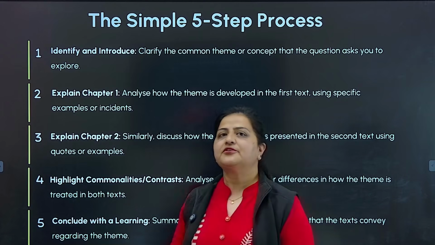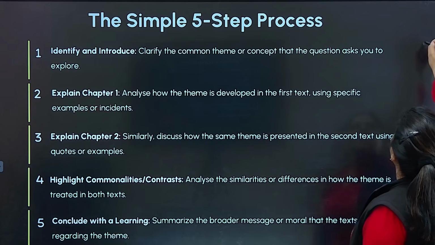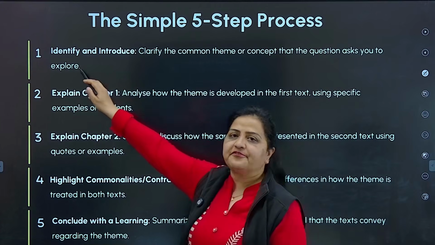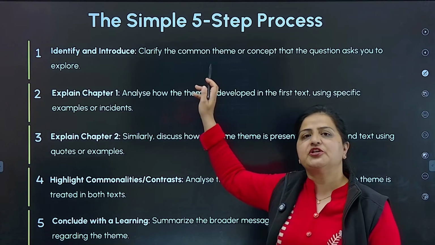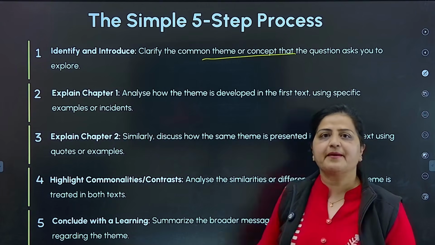The first step is to identify. What we need to identify is the common theme which the examiner has asked about in the question. That we have to state in step 1.